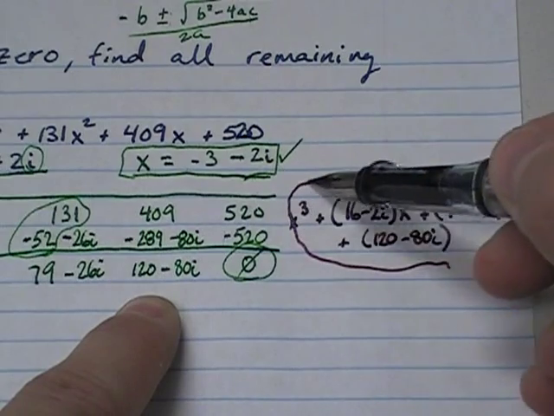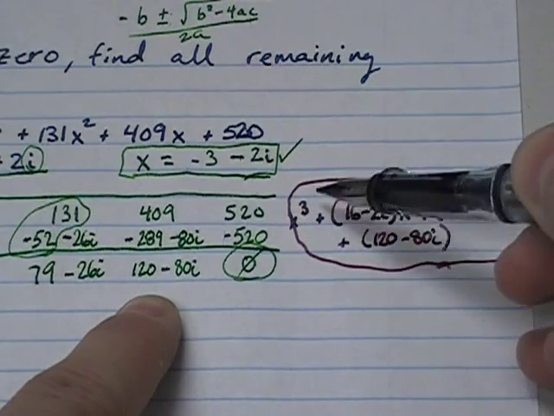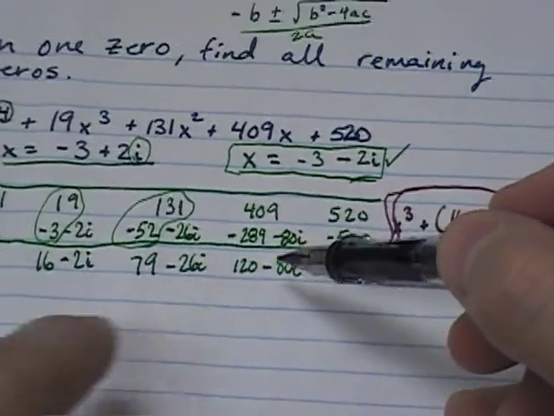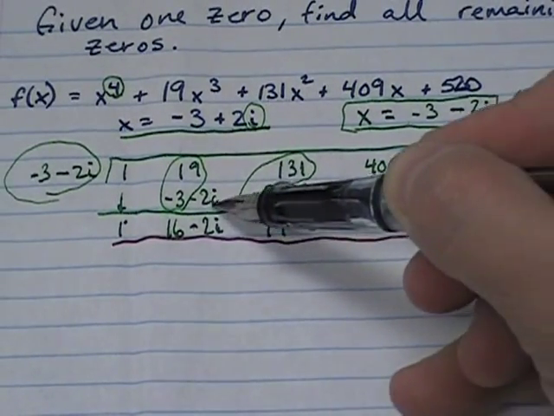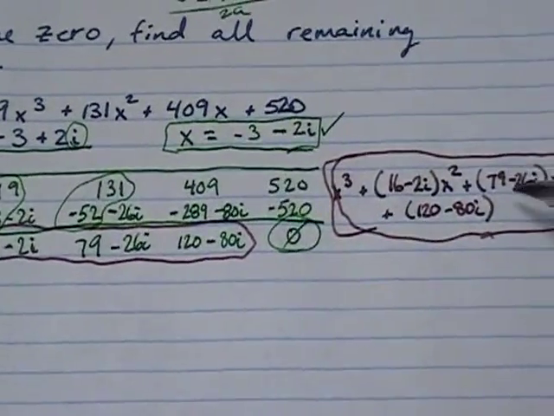That is what these coefficients tell me. That's a pretty messy polynomial.